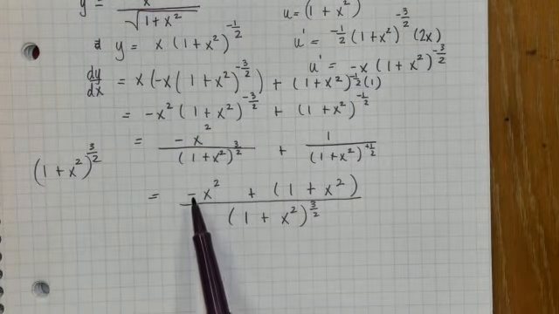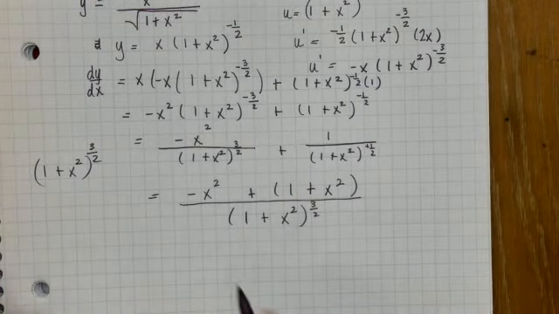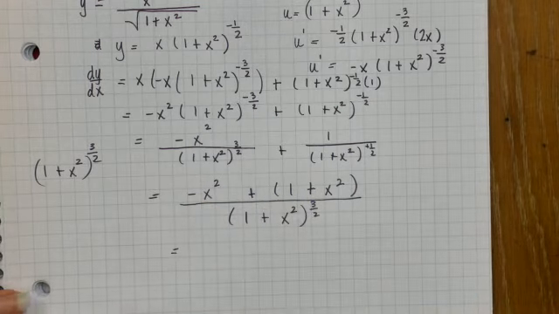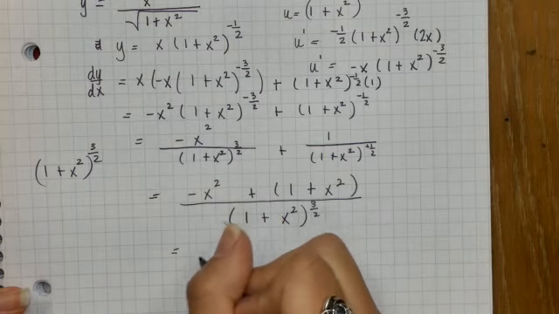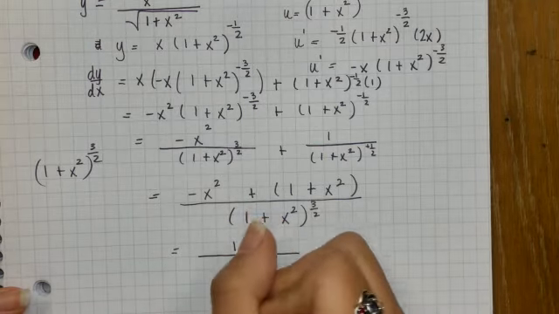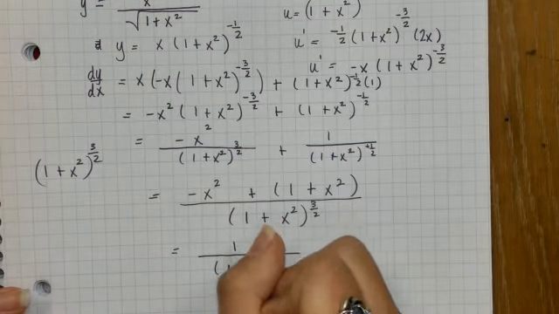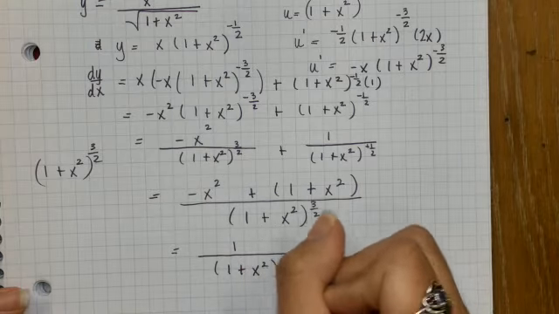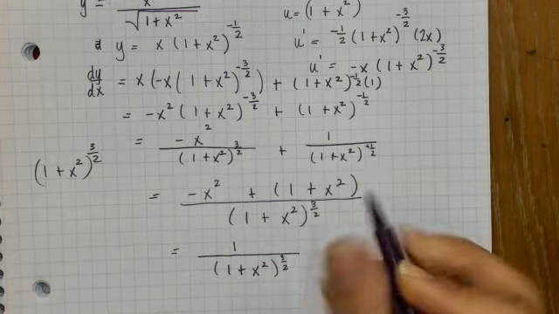Okay, so negative x squared plus x squared is 0. The numerator is 1. So this is going to be 1 over 1 plus x squared to the 3/2.